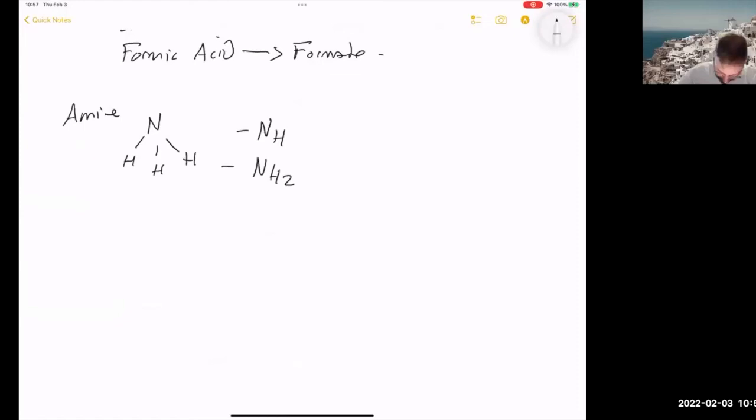Another functional group that I want to talk about is called catechol. This is also known as benzene, or an aromatic ring. It is a ring of carbon atoms.